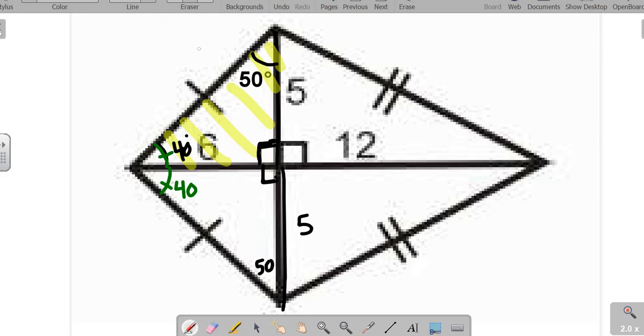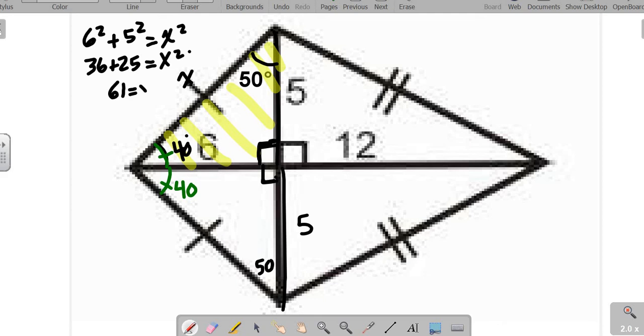Looking at this yellow triangle, we can solve for the side length by doing Pythagorean theorem. Have two sides, need third side, Pythag. So x, this side length here, equals root 61.